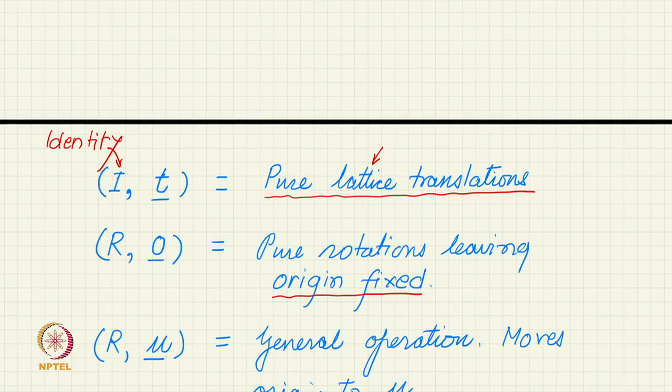So, if there is a 0 vector at the column part, then that means it is a pure rotation and the origin is not moved, the origin is fixed. Your origin is not translated, then only the column part will be a 0 vector.